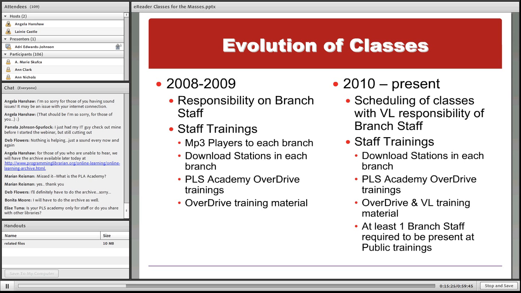But we do coordinate with the other larger library systems in the state for some group trainings, but our academy is just for our staff. Okay. Does anyone have any questions at this time about the evolution of the classes? I'll go into more detail about them, but this is just how we've started with the classes and how they evolved.